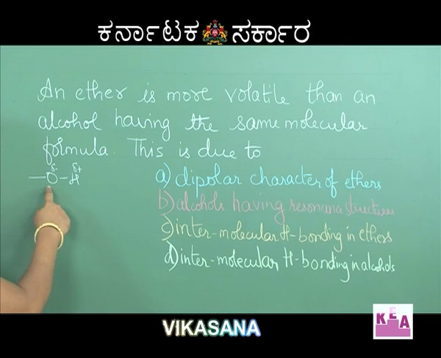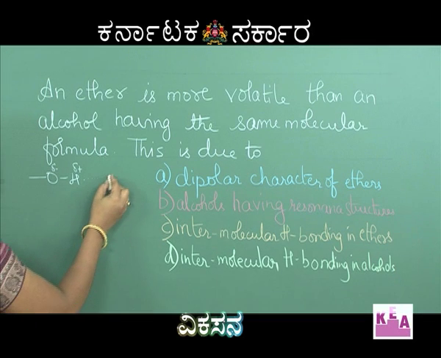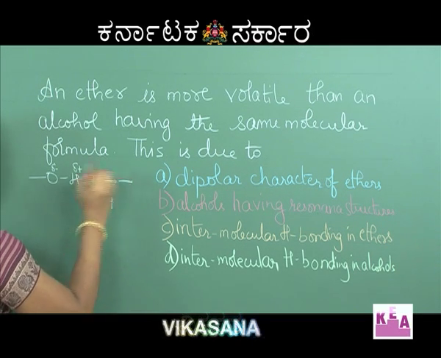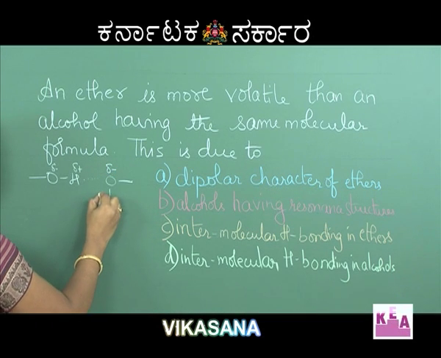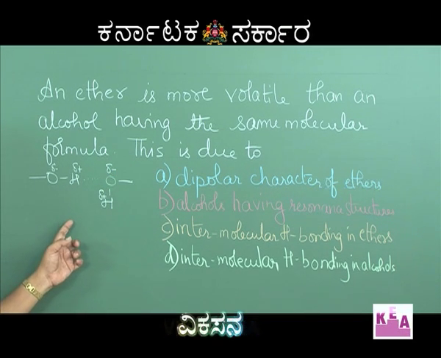Now, because of this polarity of the bonds, what happens? It forms a hydrogen bond with the oxygen of another alcohol, which has delta minus and delta plus. This type of bonding you have already seen in the water molecule.